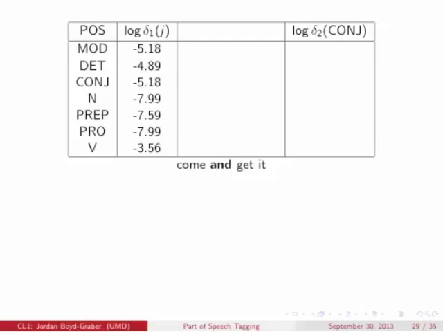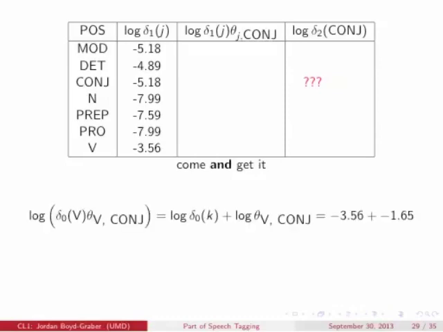First, we look at all of the places that we could have come from, all of the previous parts of speech. Then we multiply the score for the previous entry in the chart by the transition probability of going from that part of speech to conjunction. For example, if we started from verb and then we move to conjunction, we look up that probability in the transition table, and we get some value, negative 1.65.